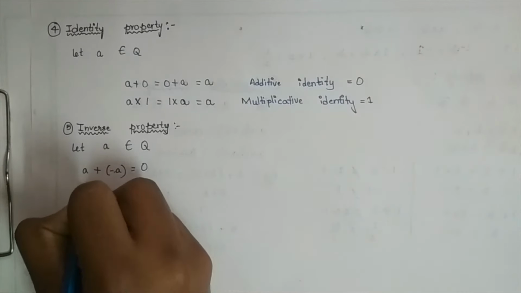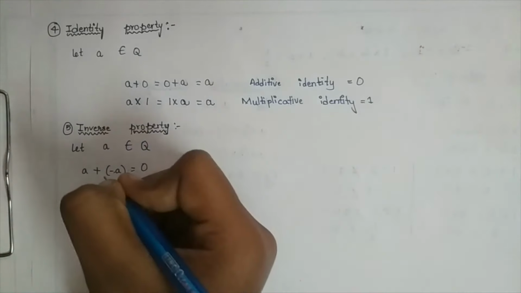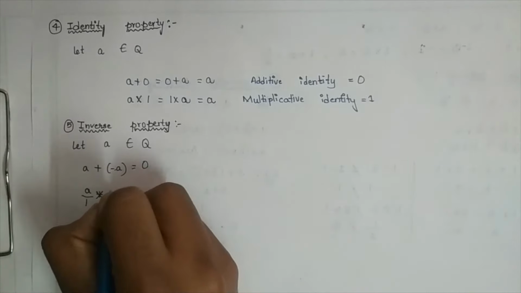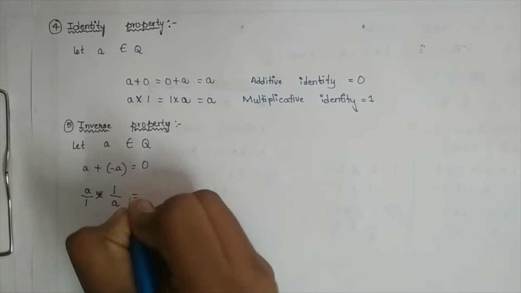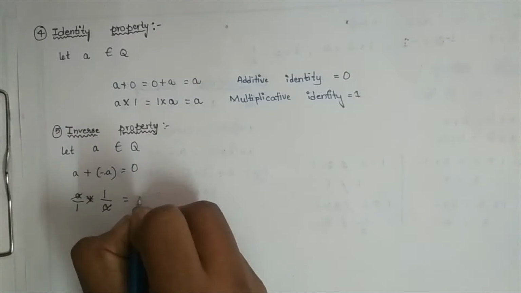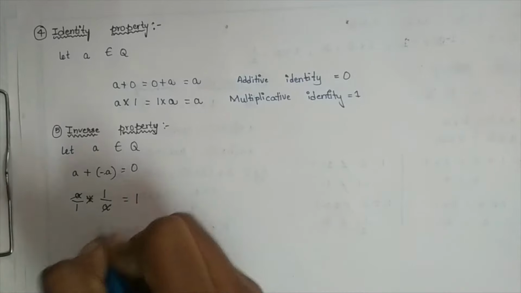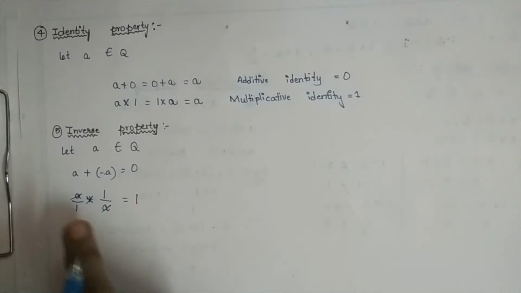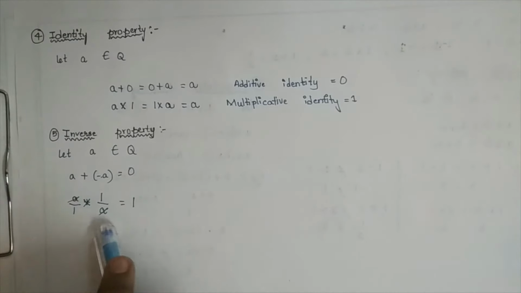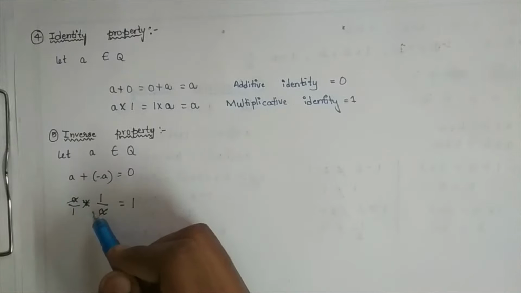Let us take a by 1 multiplied by 1 by a is equal to, so here a cancels. Remaining is 1. So 1 into 1 gives 1. So this a by 1 into 1 by a. Here 1 by a is the multiplicative inverse of a by 1, and a by 1 is the multiplicative inverse of 1 by a.